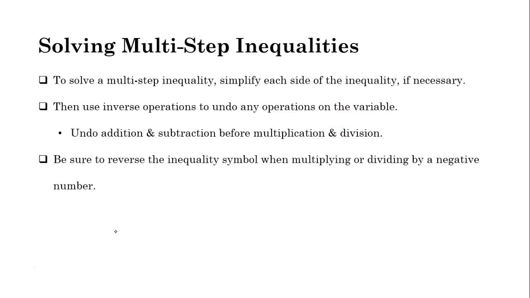So then our next step is, when we're undoing that multiplication and division, if the number we divide or multiply by is negative, we have to remember to reverse the inequality symbol.